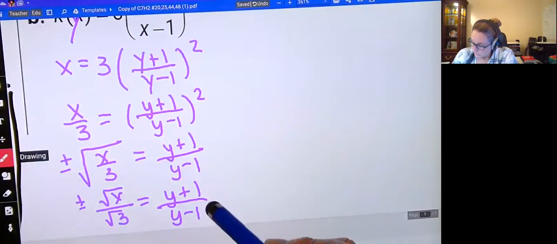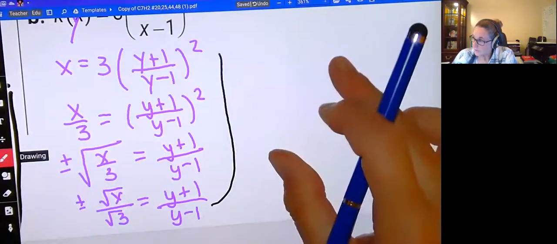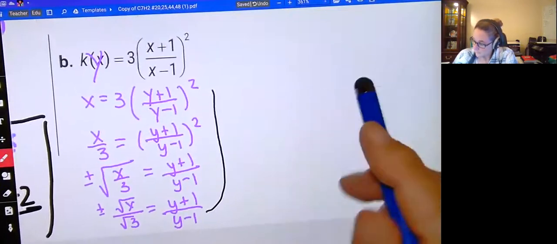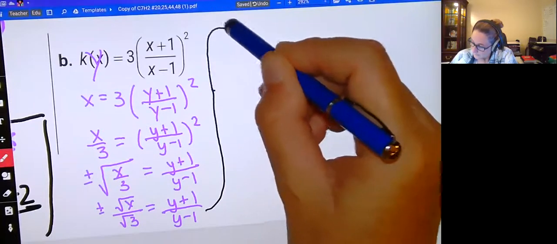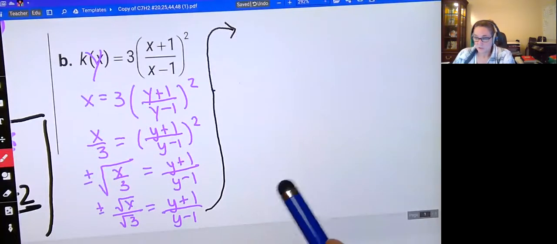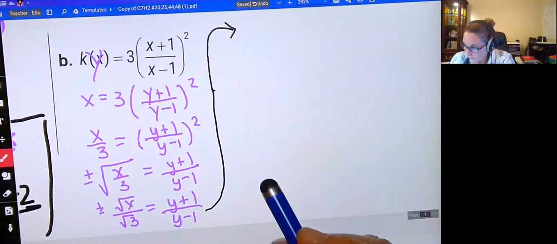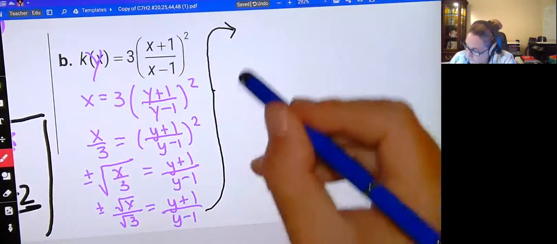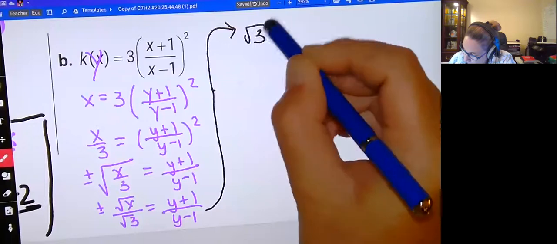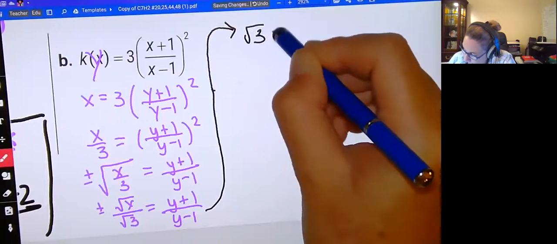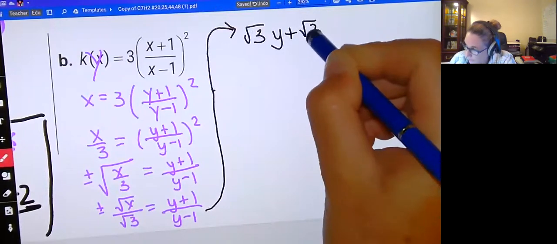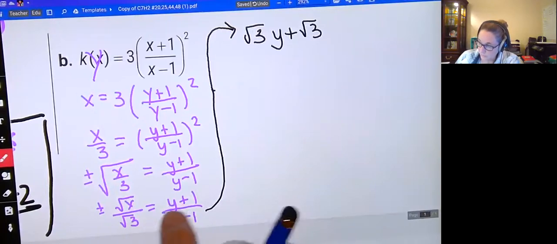Now, what I'm going to do is I am going to cross multiply this. Okay, so here, when I multiply this, I'm going to get root 3 y plus root 3. So the root 3 multiplies with my y, and the root 3 multiplies with my 1.